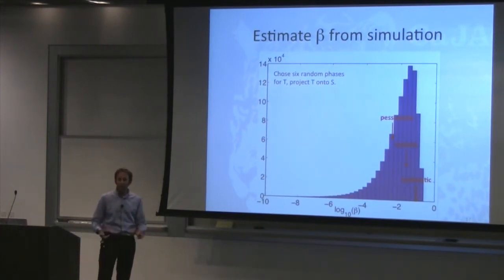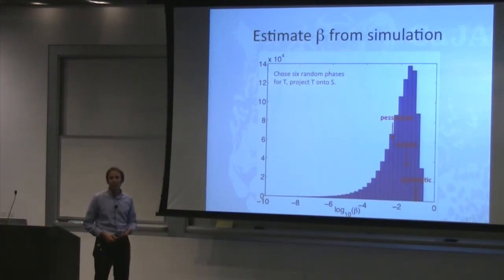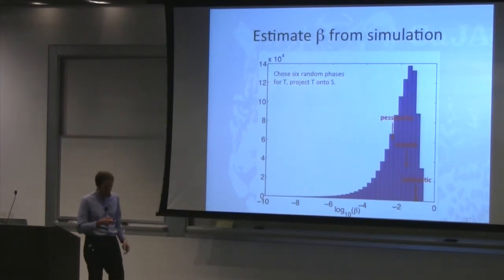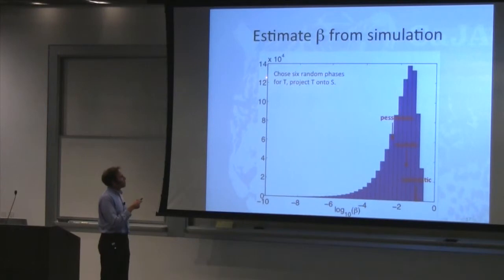Beta, we're going to pick our three values for optimistic, realistic, and pessimistic by doing a little numerical study. We're going to pick 6 random phases that describe the anisotropic stress energy tensor and project out the anisotropic stress energy tensor and do this many times randomly. We get this distribution of beta.